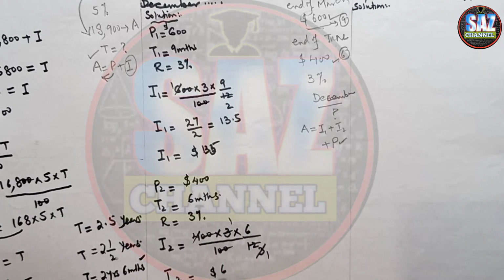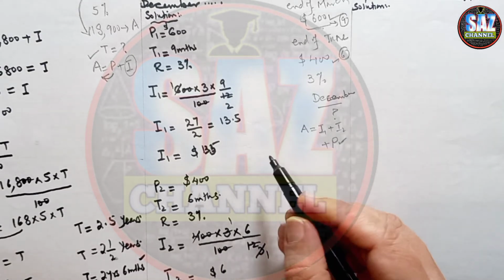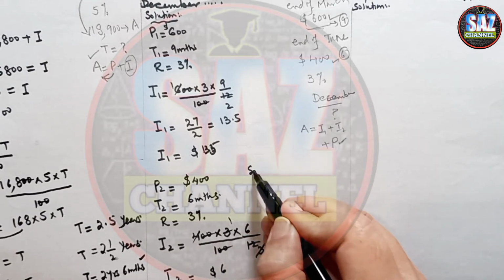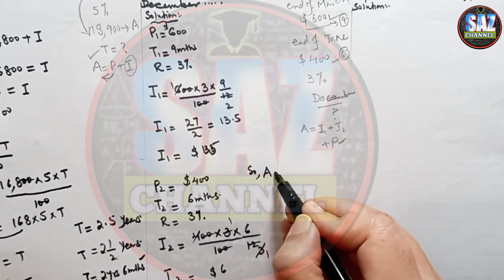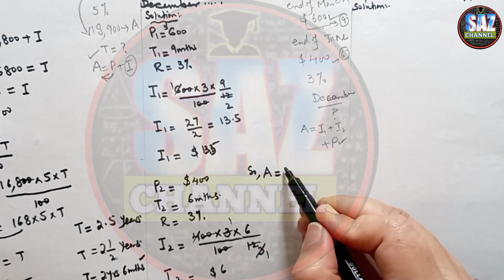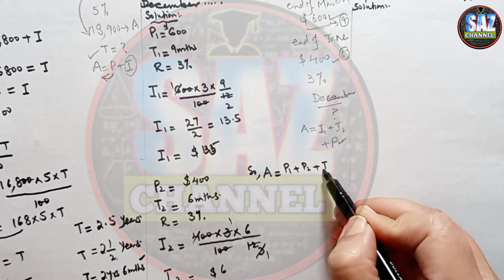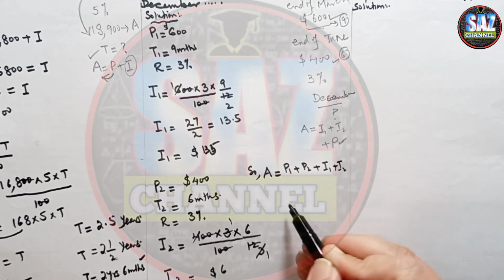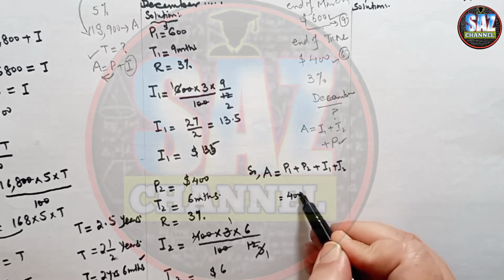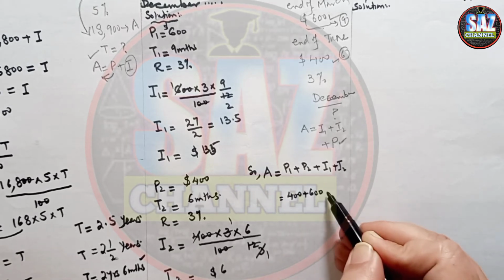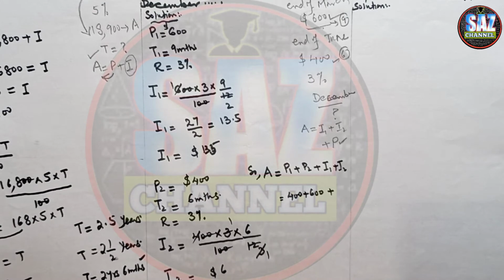So the total amount that he will have at the end of December will be equal to P1 plus P2 plus I1 plus I2, that is 400 plus 600 plus 13.5.